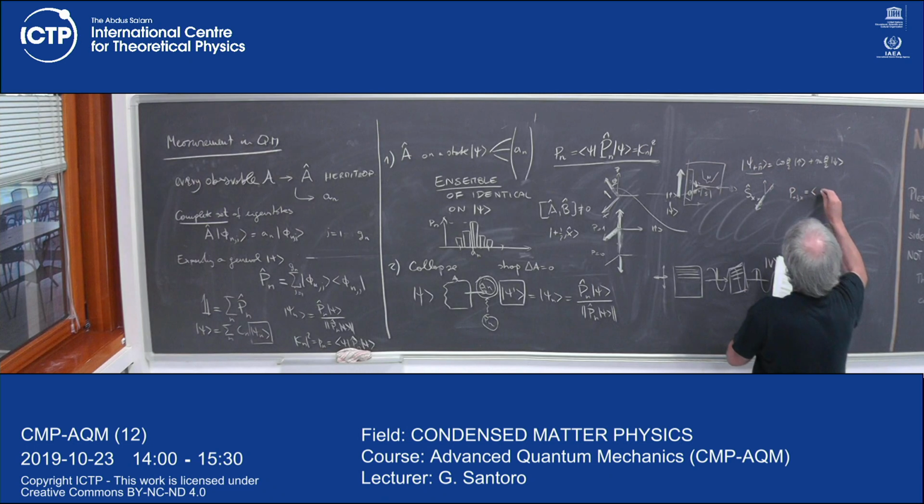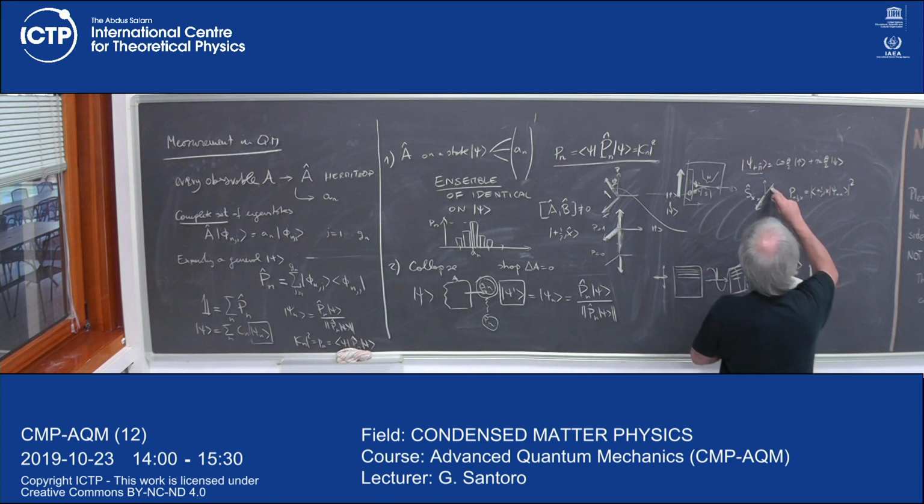And it is simply equal to, again, the overlap modulo square between the state that you have at the entrance, which in this case is this psi n. And the probability that the object ends in the minus 1/2 hole is this one.